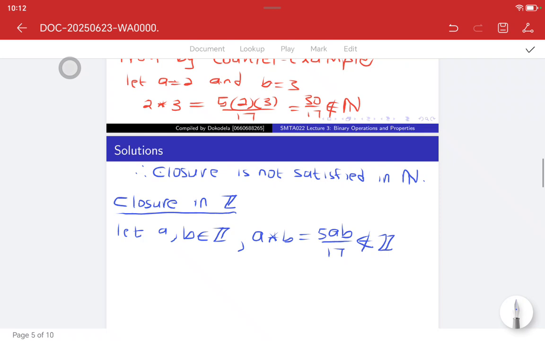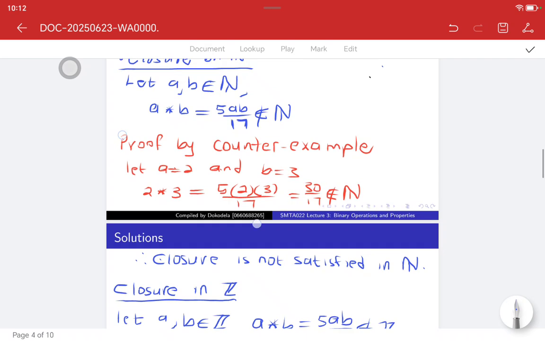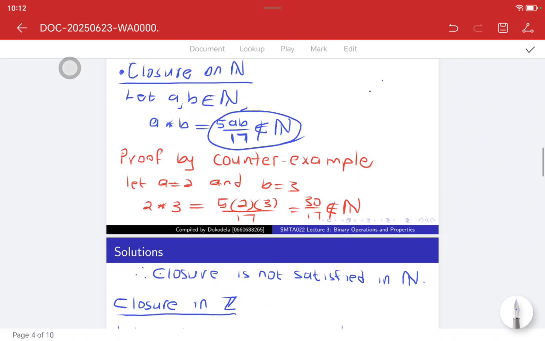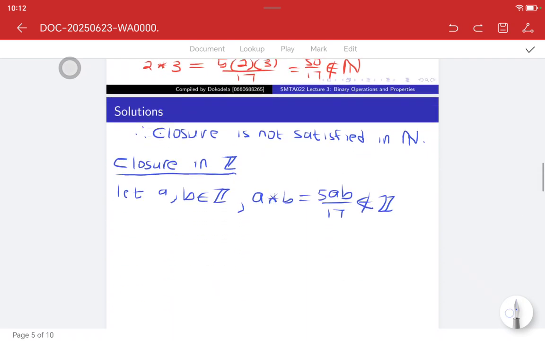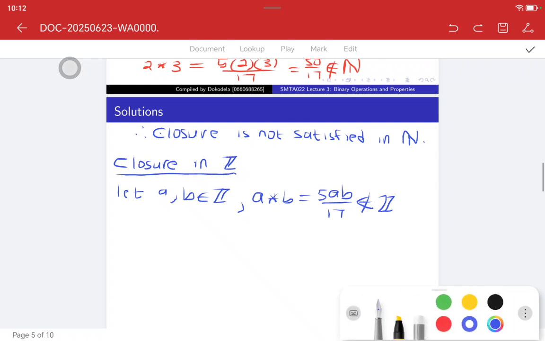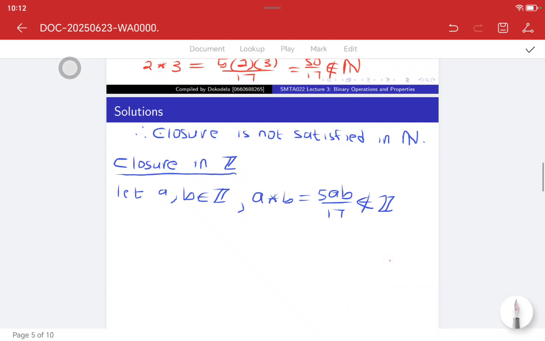So the same thing which we've done here, we will say that this is not an element of this, and then we check by counterexample. We say proof by counterexample. We only use a counterexample if this is disproved. Remember, counterexample is used to disprove.